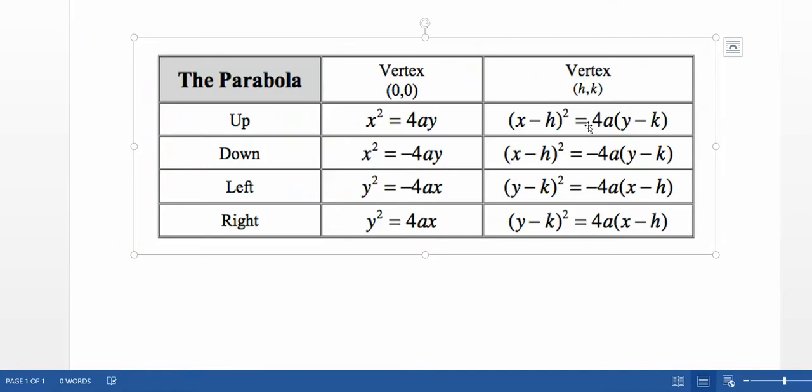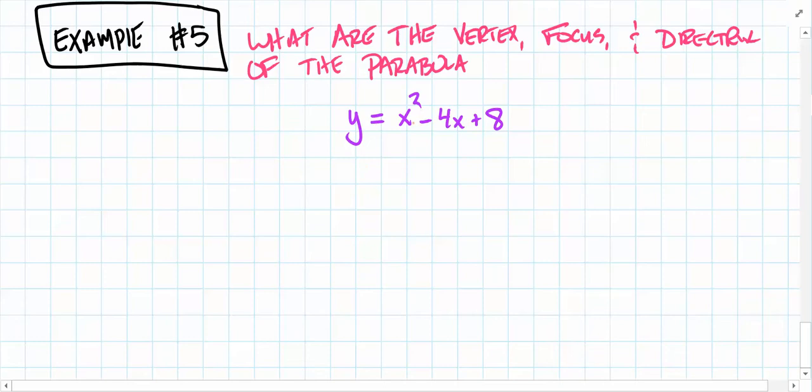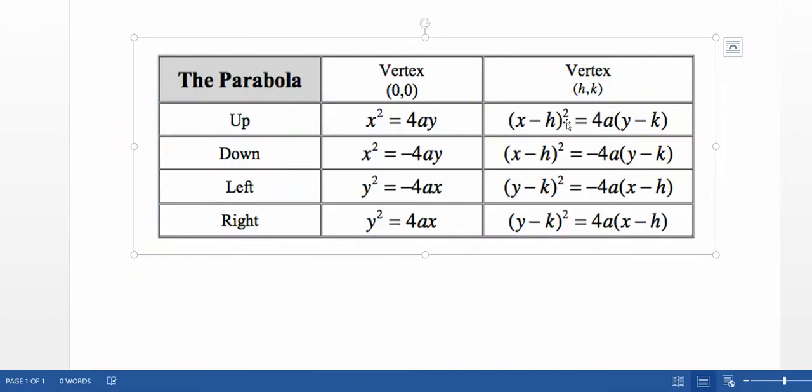The reason I know this is because my vertex has been moved somewhere. It's no longer at 0, 0. It's more complicated, so it's going to be at h comma k. And if you look at this, we know that x is being squared, so it must be the case that this is either an up or a down parabola, because the x is being squared here, not the y. So we want one of these two forms of the equation. How do we get it that way?